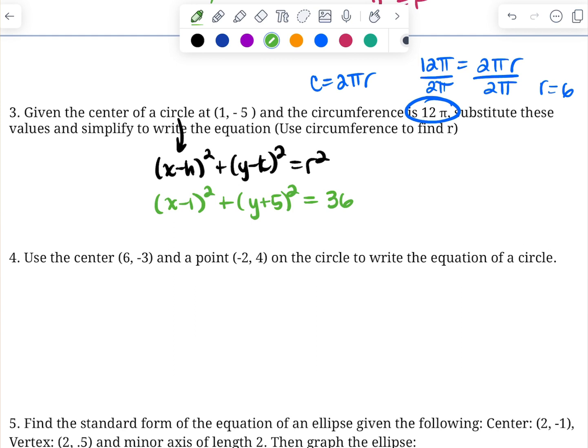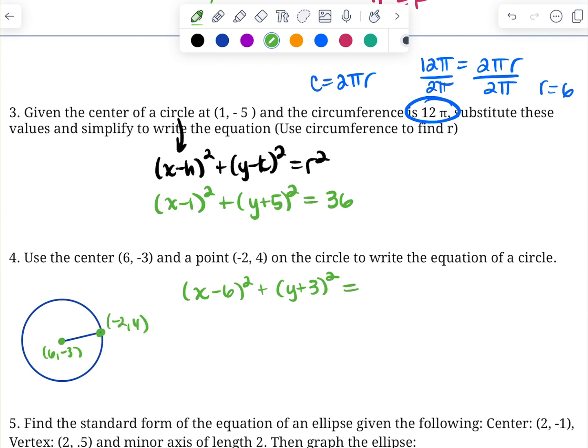Ta-da! Okay, now I'm going to draw a little picture for us over here. And it looks like we've got a center at 6, -3. So we know we've got x minus 6, that quantity squared, plus y plus 3 squared equals, the question is, how do we find the distance between that point and this other point?